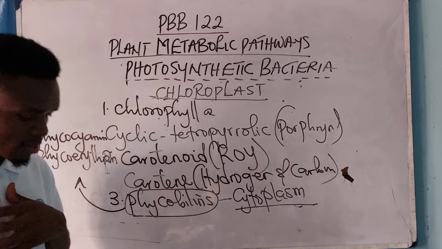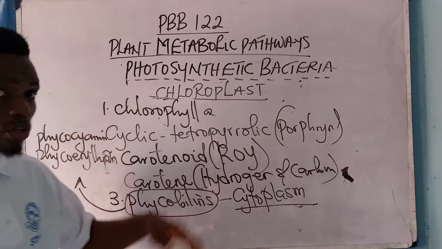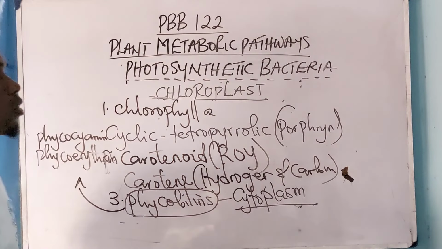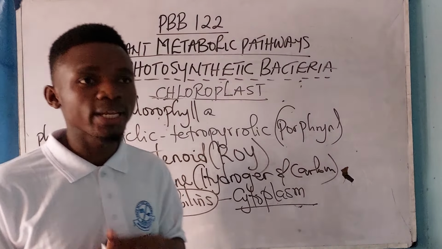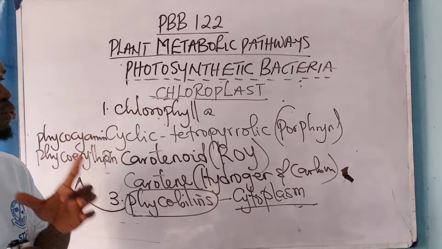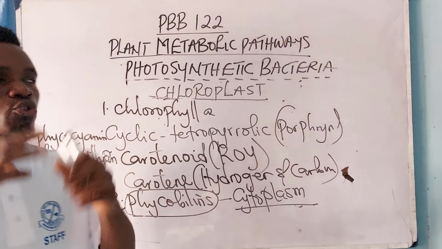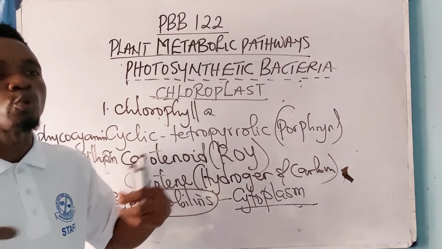Okay, so please, I tell you that carbon dioxide, water, and light are the major components, or the major entities that must be present for photosynthesis to occur. I said carbon dioxide is taken in by the stomata of the leaves as soon as it opens.